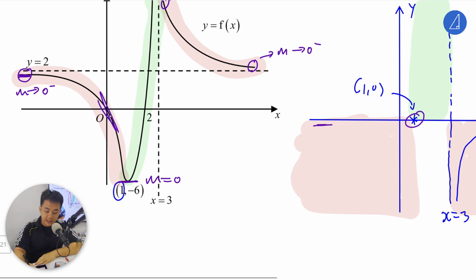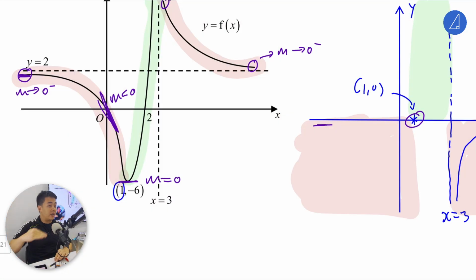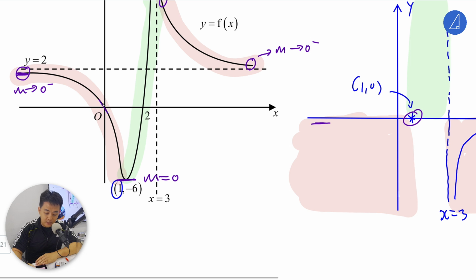Do you see that this thing here is a negative gradient? 0, negative, go to 0 again. Look at me. So essentially it's 0, negative, 0 again. And at some point it will become steeper. This is the steepest point, right? Then it increases to 0 again.